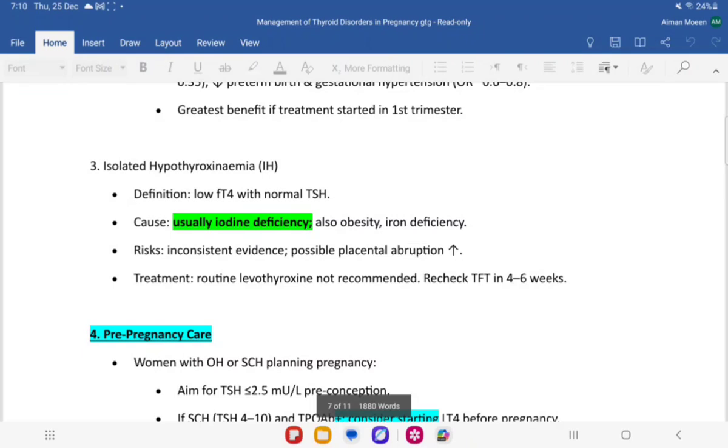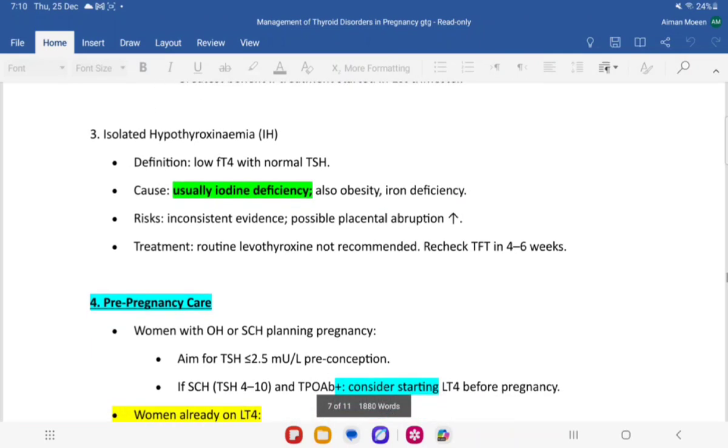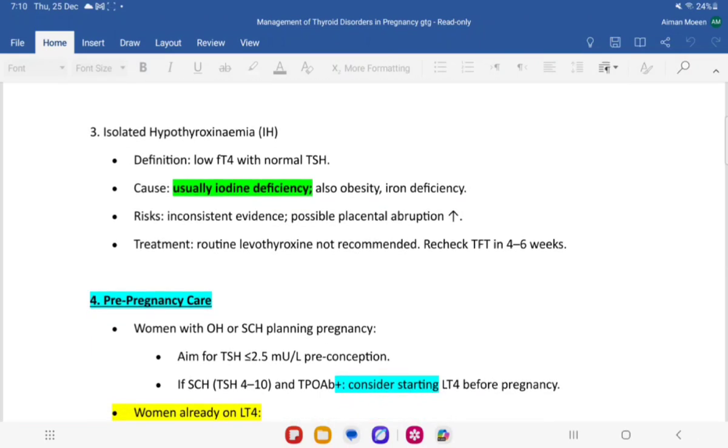It could be part of an exam question in MCQs as well, but it can be related to obesity and iron deficiency. There is inconsistent evidence that it is associated with a possible increased risk of placental abruption. So routine levothyroxine is not recommended, but you need to recheck TFTs in 4 to 6 weeks.